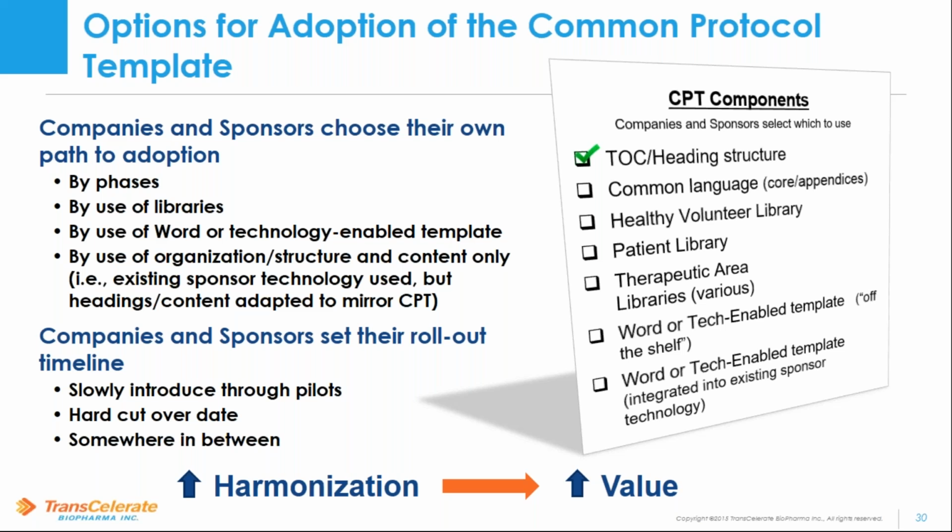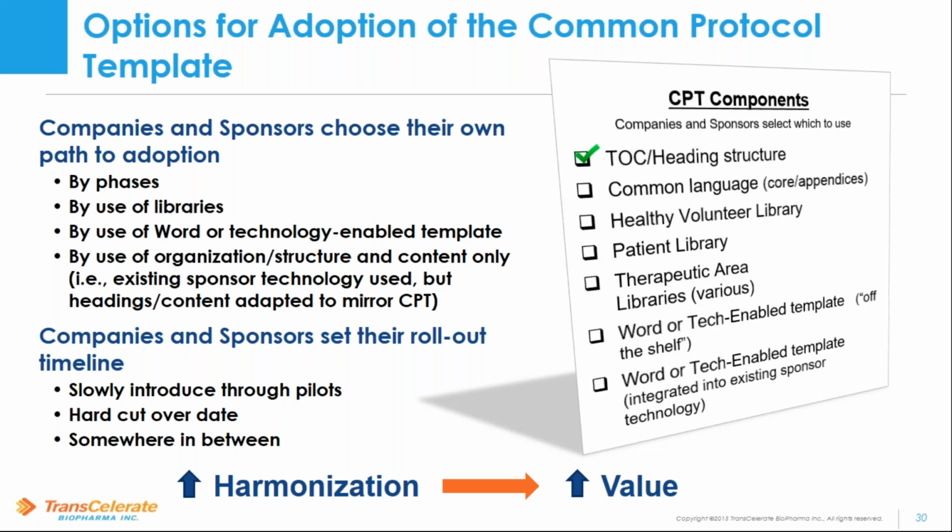We can adopt by phase, by use of just the libraries, or by adopting just the Word-based version or the technology-enabled edition, but it's really up to your organization how you adopt moving forward, and also in setting those rollout timelines. Some organizations choose to roll out slowly through pilots, others choose to have a hard cutoff, or there's always the in-between.